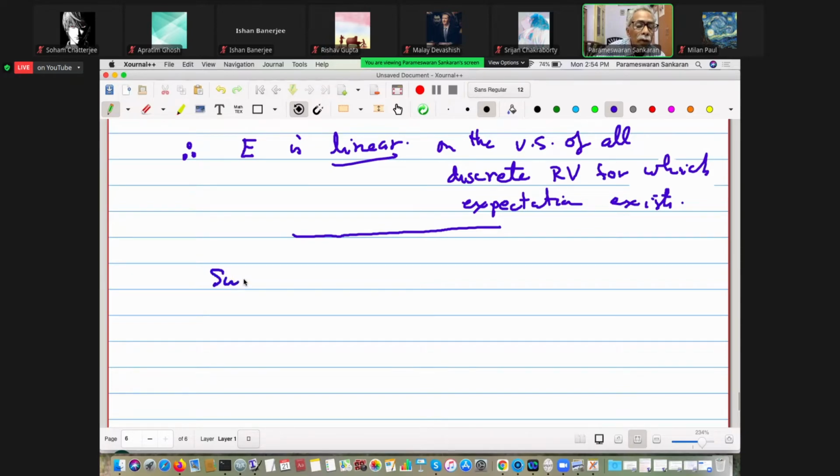Suppose that X is equal to the indicator of A, very simple, but it has much significance. Then expectation of X is equal to probability of A. We already saw that, right?